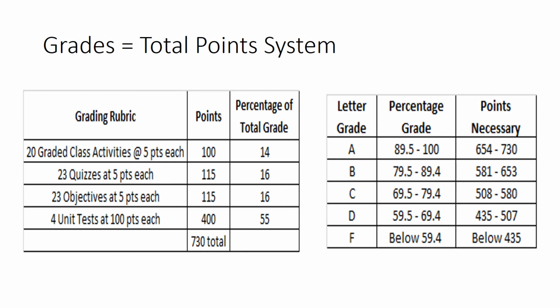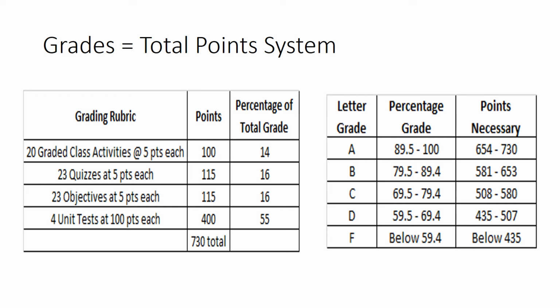You will complete 23 quizzes on Blackboard. They count for 5 points each. And then finally, we will have 4 unit tests or lecture tests. Each of those counts for 100 points each. So there's a total of 730 points that you can earn this semester.